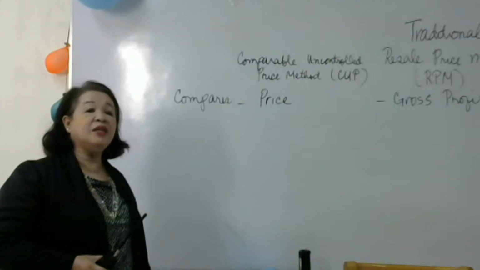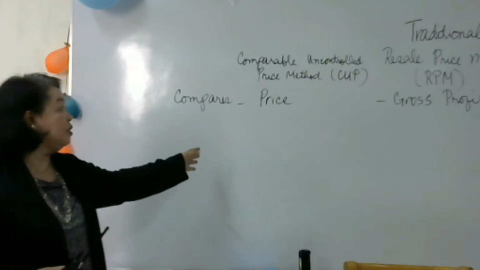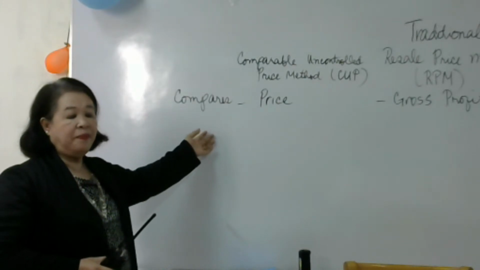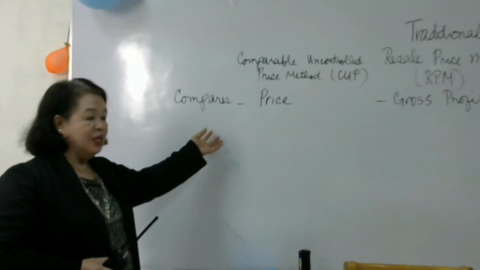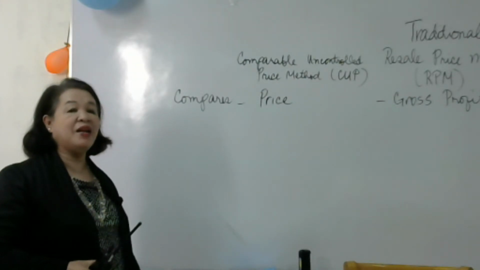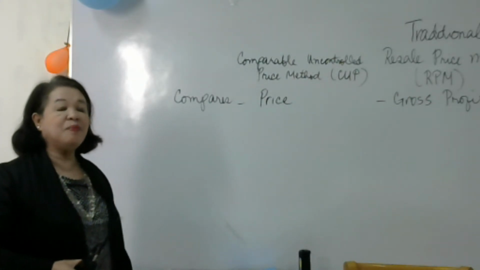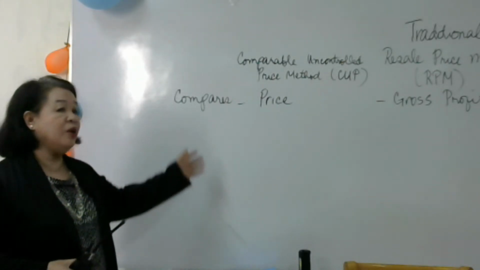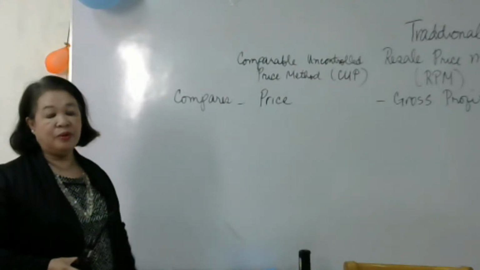Because the price depends on the similarities of the products so you can compare them. If the products are not similar, then you cannot compare, and you have to do away with the comparable and controlled price method.